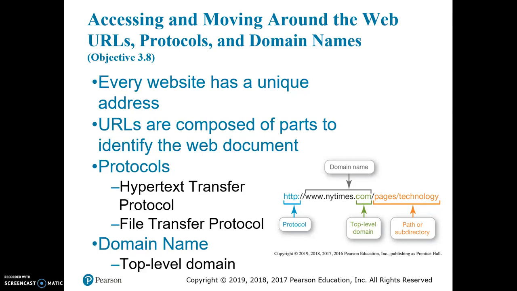Once you click on something else and it takes you to another page, that's when you're leaving the homepage and going on to another web page in the website. Like here, you're in the technology pages.